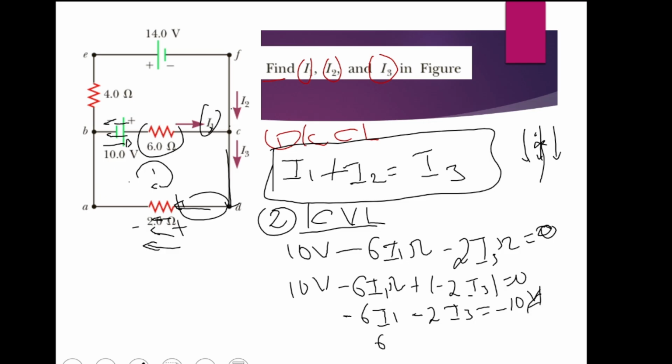So when we take this one, 6 I1, let's simplify by dividing by minus 2, and again this one by minus 2, also this one by minus 2.